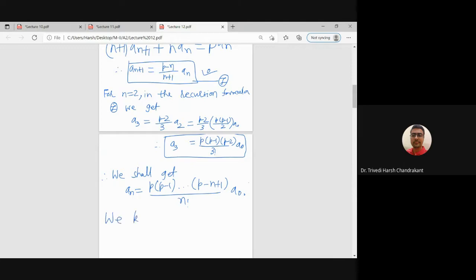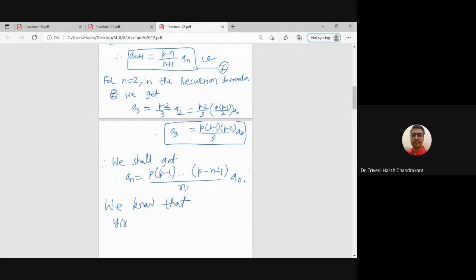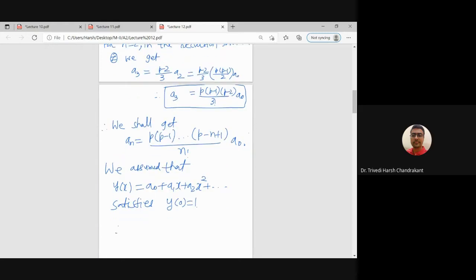So we assumed that y of x is equal to this power series, which satisfies the initial condition, that is y of 0 is 1. So y of 0 is 1, that means if we substitute x equals 0, we get a0. So a0 is 1. Right.